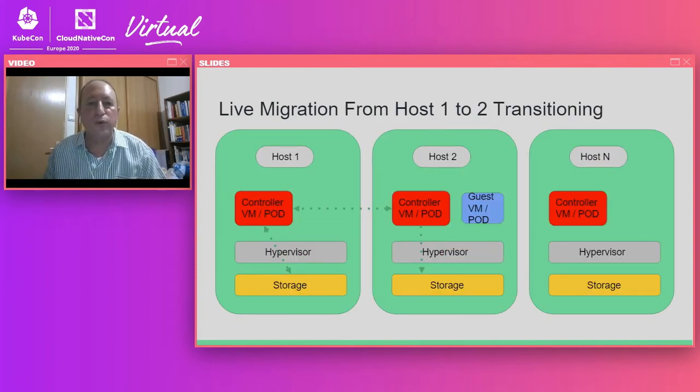So, for live migration from host 1 to host 2 transitioning, considering the local disk data on host 1, you can see that the guest process already migrated to host 2. It requests the data from the controller on host 2, which communicates with the controller on host 1.